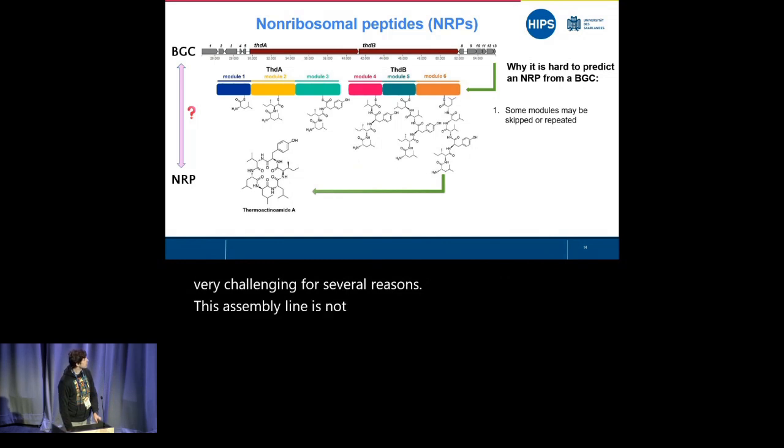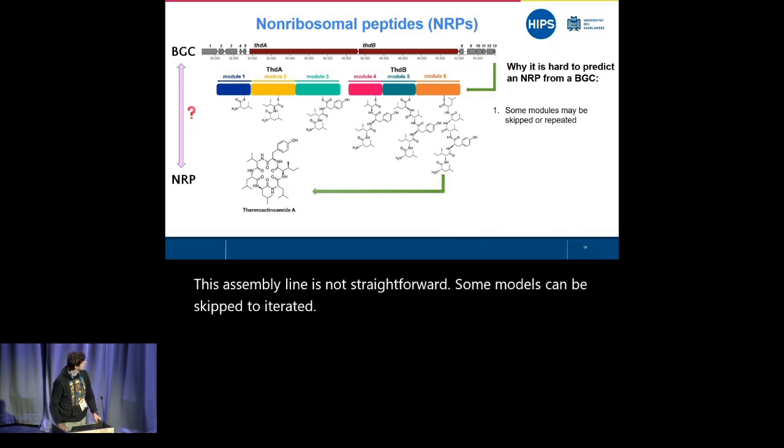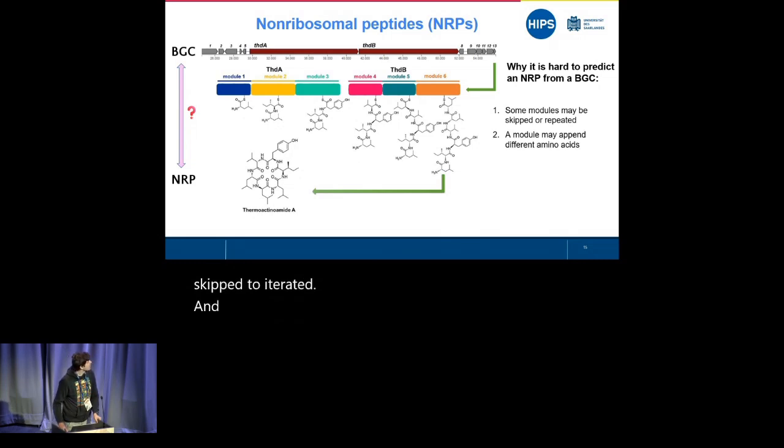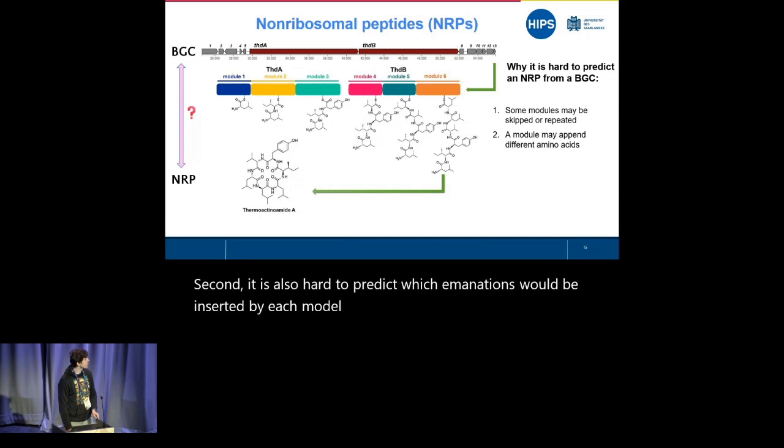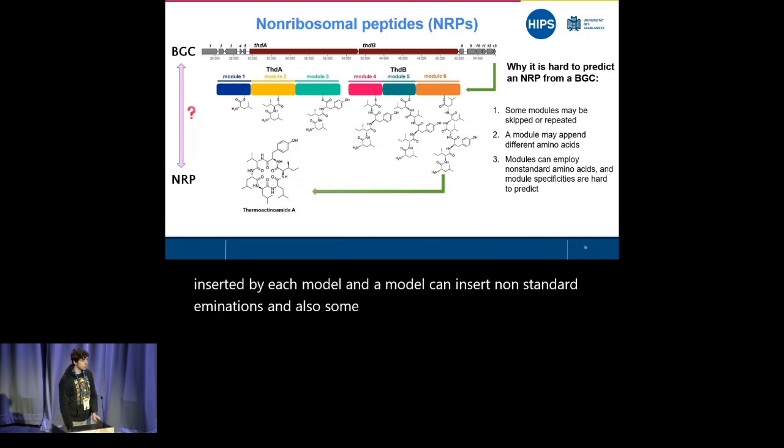Some modules can be skipped or iterated, and that's hard to predict. Second, it is also hard to predict which amino acids would be inserted by each module, and a module can insert non-standard amino acids. Also, some modules exhibit so-called promiscuity, when a module can incorporate different amino acids depending on the conditions.